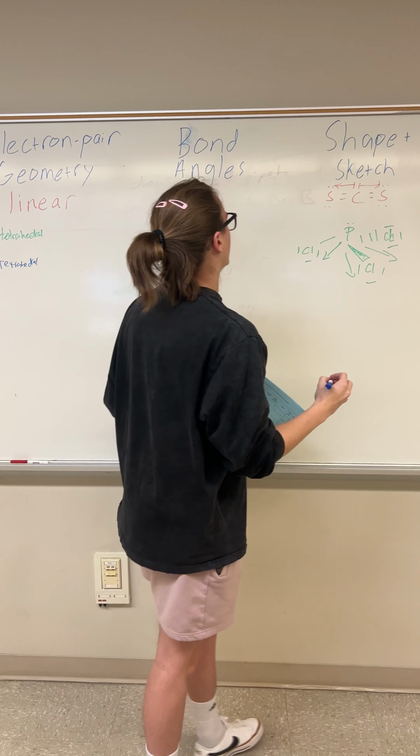So you're going to have a shaded wedge here to represent it coming more towards you as it goes down. And then you're going to have a dashed one to represent it moving a little away from you. And then because all of the bromines are pulling equally and they're all pulling away from each other equally, the molecule is going to be nonpolar.